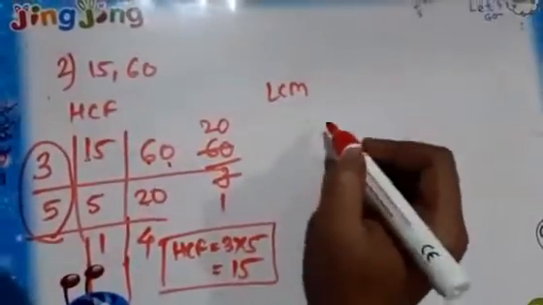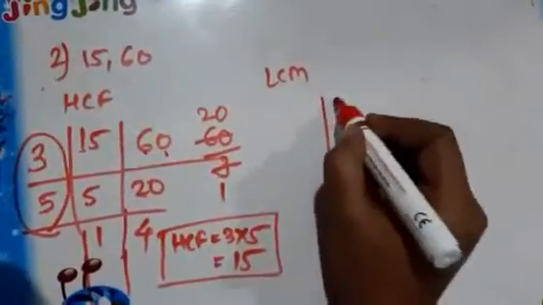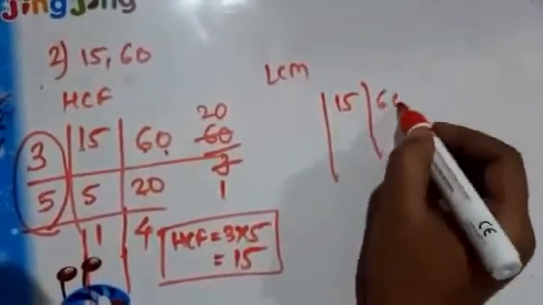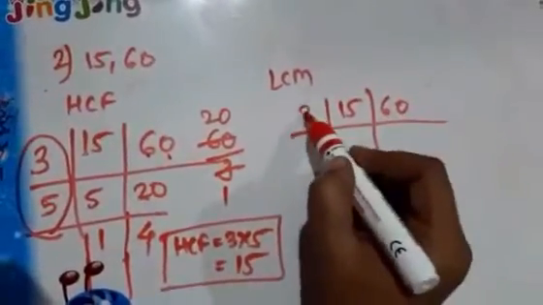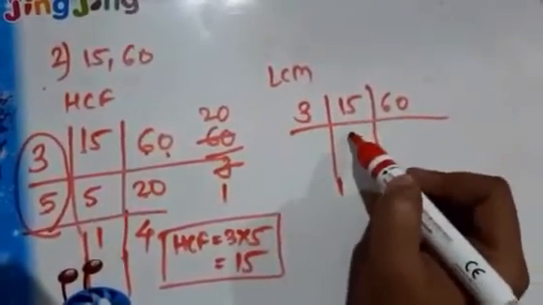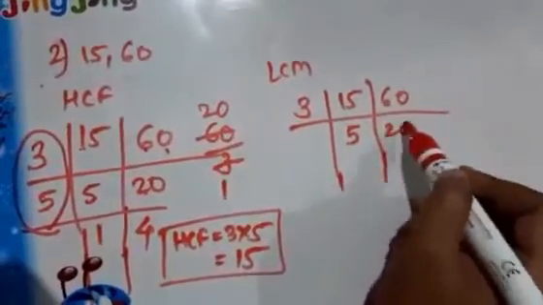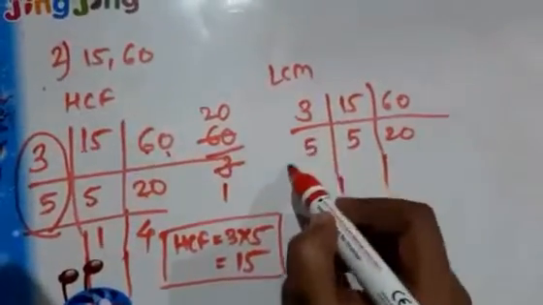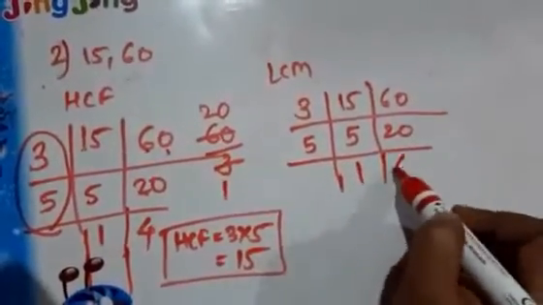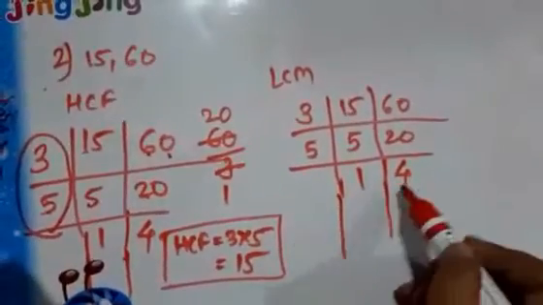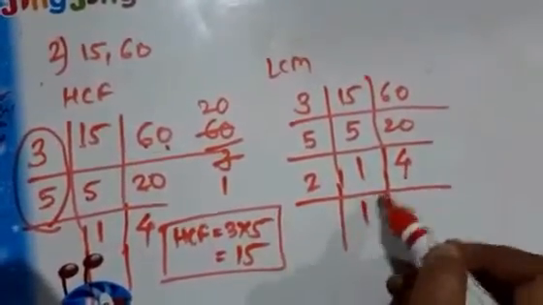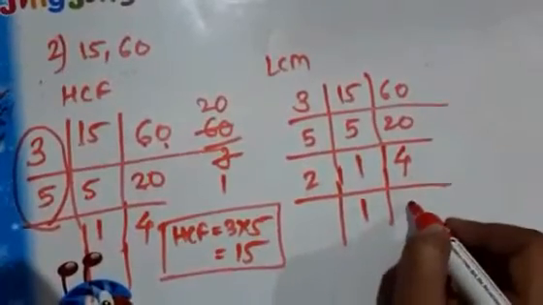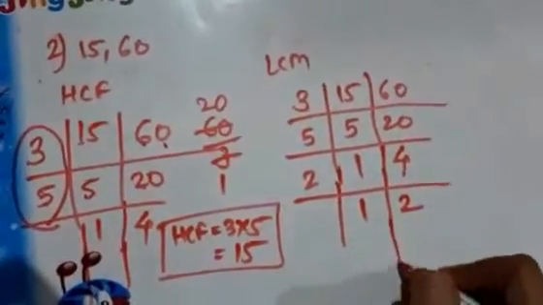Now we will move to LCM. So 15, 60. Again here we can take the same 3. So here will be 5. Here will be 20. Now we can take 5. Here will be 1, 4. Now for 4 we can take 2. 1 as it is, and for 4 what can we write? 2 2s are 4.